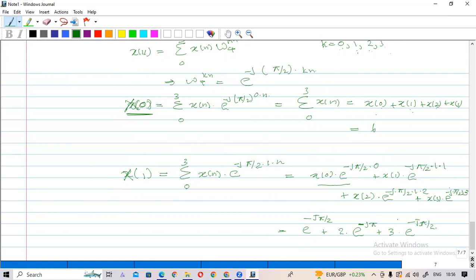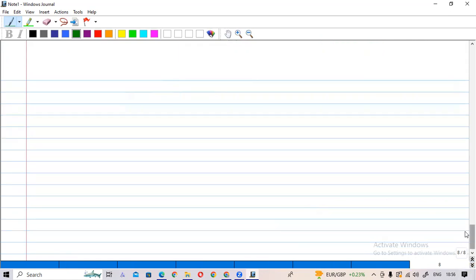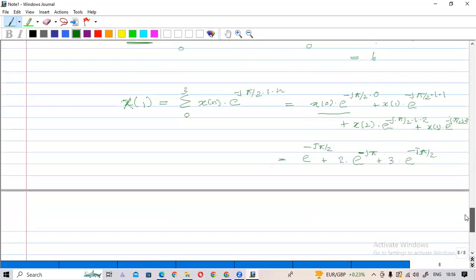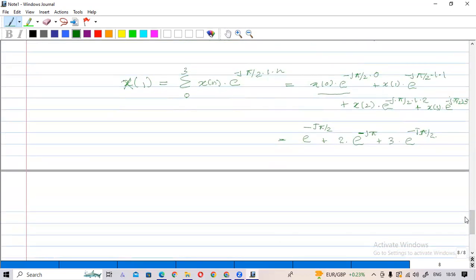So you have to simplify this. There is a simple way to simplify this, and you no need to go through that process. You can get the value here very easily. I will tell it later. You can conclude this value.